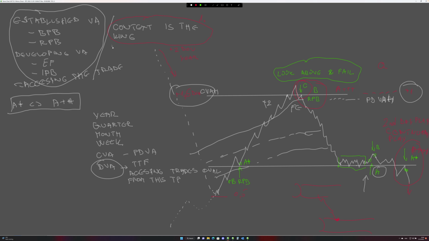Again, I want to accent this: the context is the king. Context, never forget, never lose the wood for the trees, never ever. This will lead to excessive losses, especially if you are not afraid to take a trade as you are now, because you understand the things.